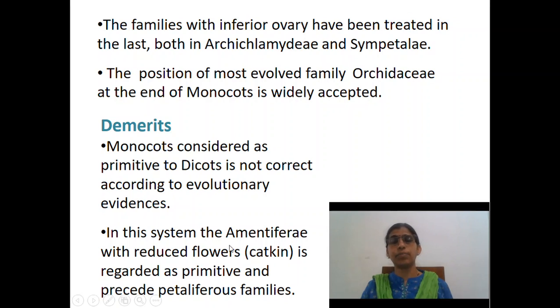In this system, Amentiferae with reduced, catkin-like flowers is regarded as primitive and precedes the petaliferous families, that is, the placement of Amentiferae and Centrospermae almost at the beginning of dicotyledons, even before Ranales, is not justified.